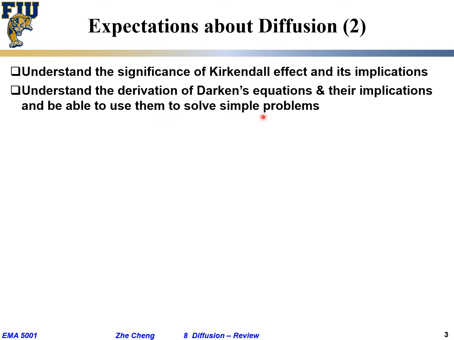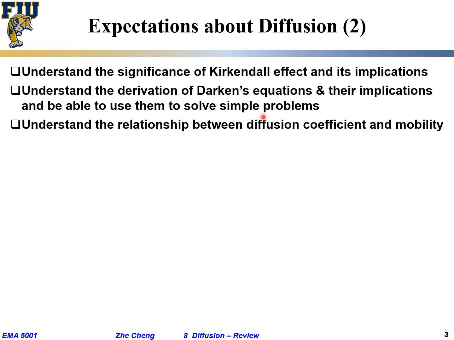Okay, and also remember for a given system, for example, between copper and nickel, the system has only one interdiffusion coefficient for a specific concentration, but that interdiffusion coefficient D tilde actually changes as the system composition changes between copper and nickel in the copper-nickel system. Okay, be able to understand and use those equations.